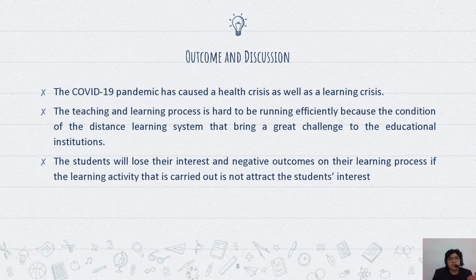It's because interest is the force that makes the student focus all of their attention on a particular thing, such as during the learning process or learning activities. Using technology also brings difficulty and impact to the students.